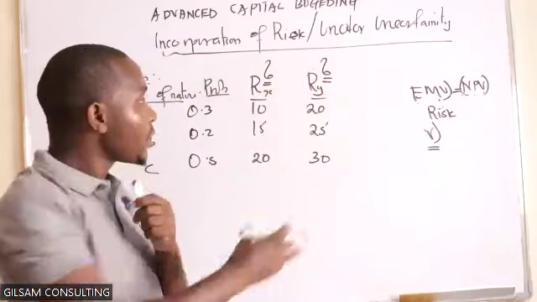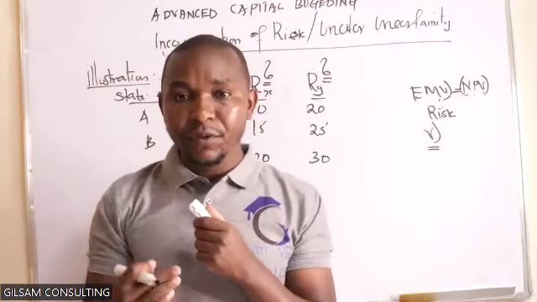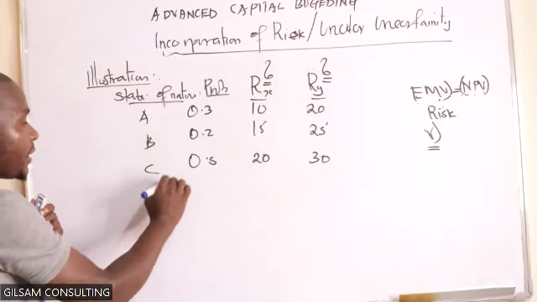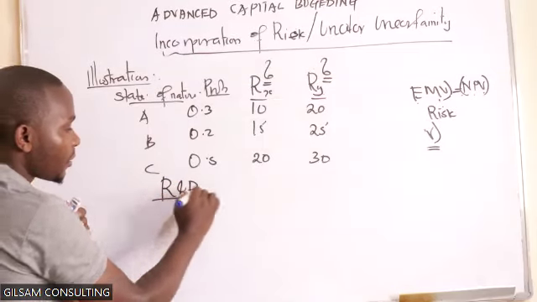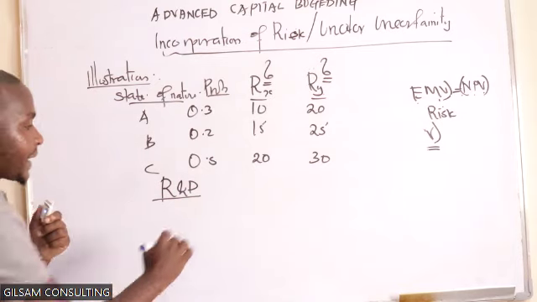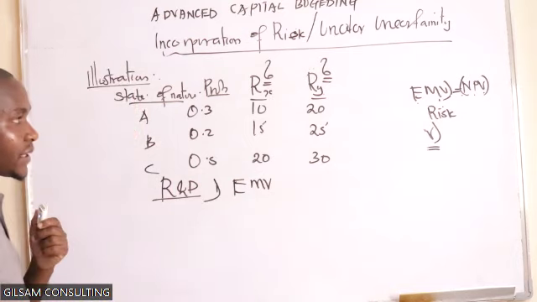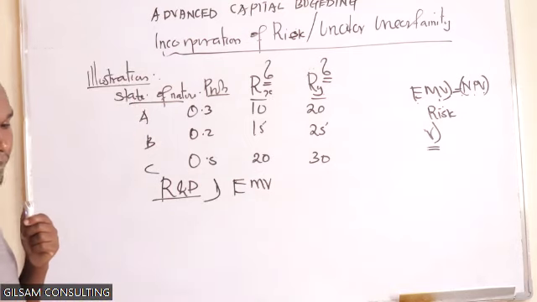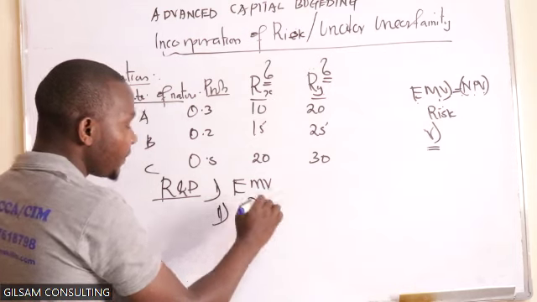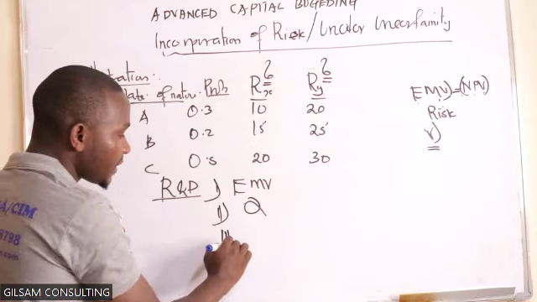We learned this concept in portfolio analysis. All the returns should be in terms of percentage. Then we have been told the requirements: number one, expected monetary value; number two, standard deviation; and number three, the CV.